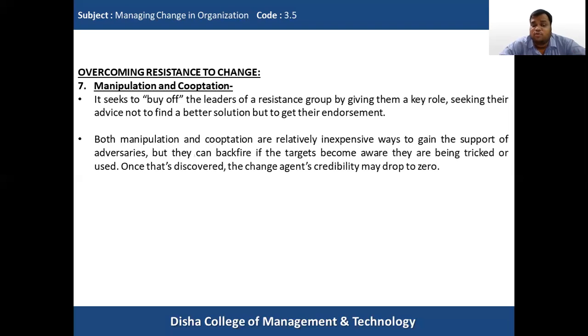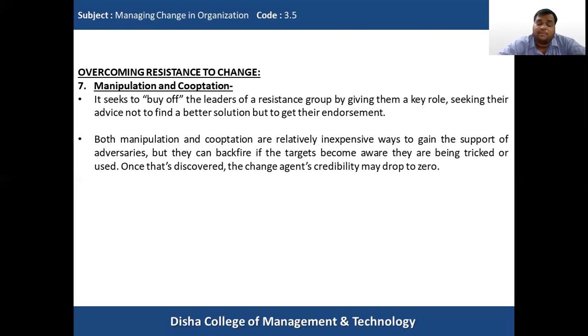Both manipulation and cooptation are relatively inexpensive ways to gain the support of adversaries, or the people who are resisting the change, but they may also backfire if targets become aware that they are tricked or used. Once that's discovered, the change agent's credibility may drop to zero.